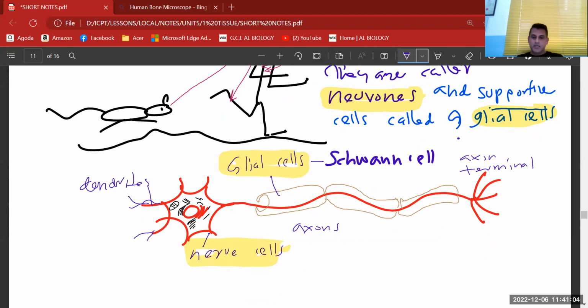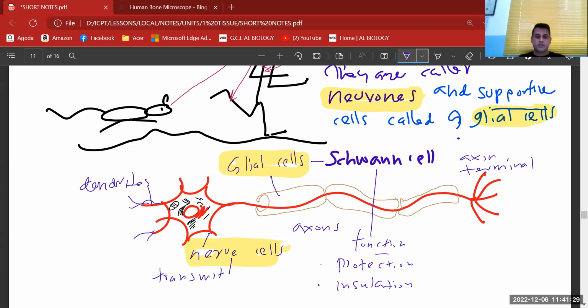So for example, what is the function of glial cells? Protection and insulation. The function of nerve cells is to transmit electrical current.